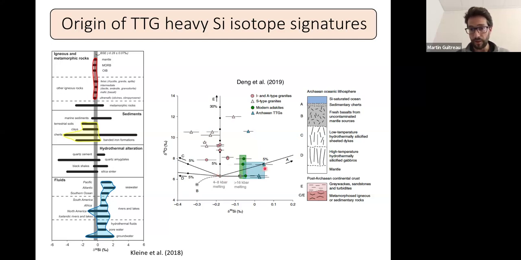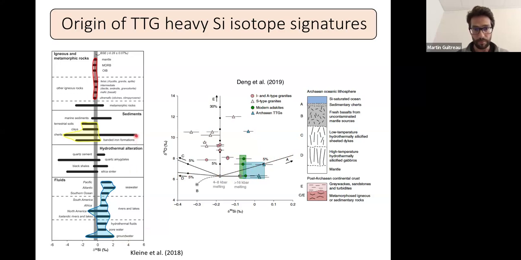So if you mix a little bit of chert with this basaltic source, you can actually reproduce the field in which you will form the TTGs. So this arrow here will go towards the composition of cherts. It's zoomed in this area, but the cherts will have much higher composition, as you can see here.